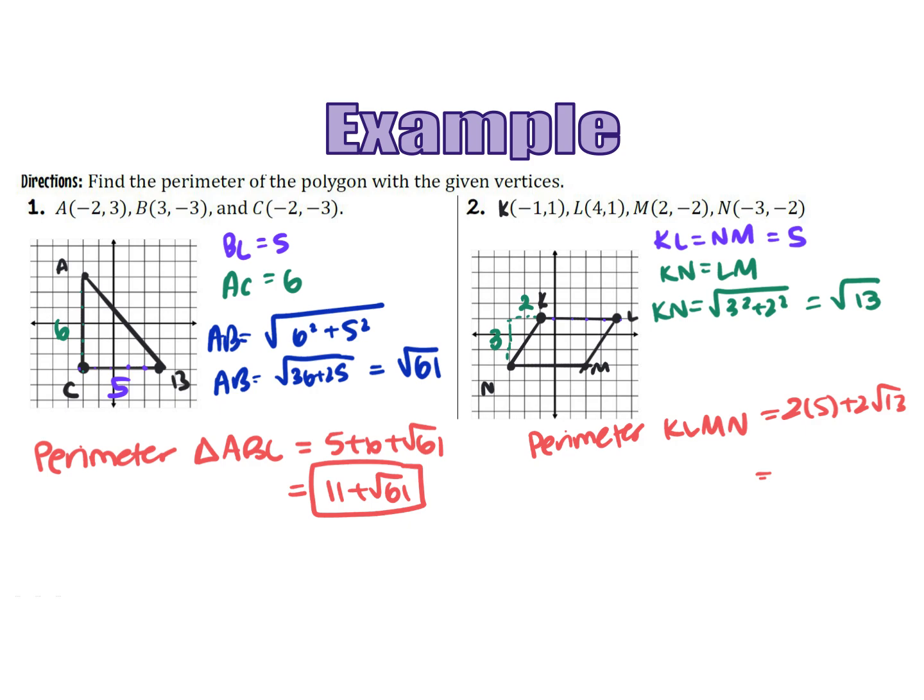So the perimeter of KLMN is going to be 10 plus 2 root 13. Since we're talking about perimeter, we're going to use units, and since these problems don't actually have units, we're going to use the word units because perimeter would be in some units, feet, inches, boxes in this case, but it would be units because we're adding together all the side lengths, and that's going to be different when we look at area, which is what we're going to do now.